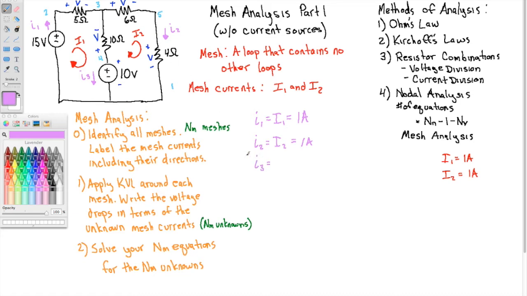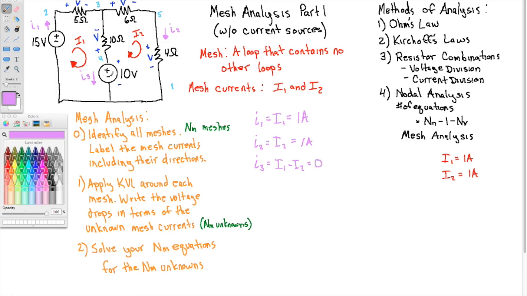Now we might ask, what about I3? How much current is traveling through I3? Well, for this, we said that that branch current was, and notice I've drawn the arrow down, so that's in the direction of capital I1, and it's opposing I2. So I3 here, lowercase I3, in this case is 0.